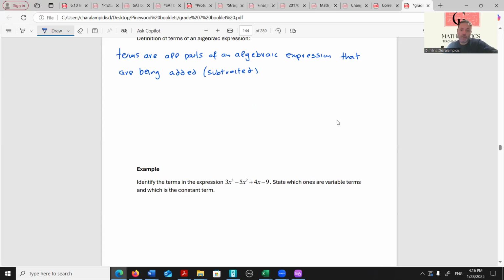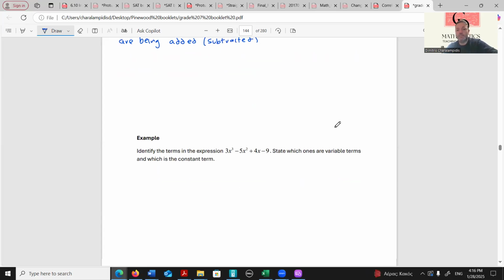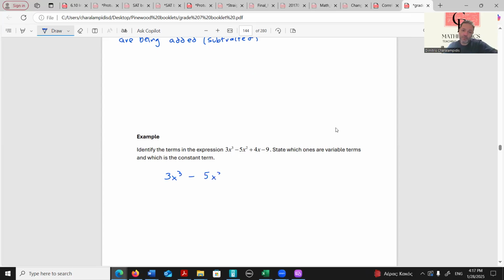Let's see an example. Identify the terms in the expression 3x cubed minus 5x squared plus 4x minus 9. Based on what we said before, every single part.